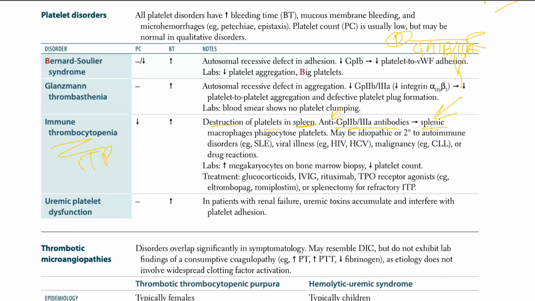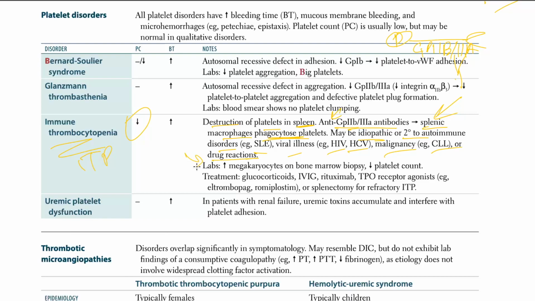and splenic macrophages phagocytose the platelets. That's why you have decrease in platelets. It may be either idiopathic or secondary to autoimmune disorders like SLE, viral illness, HIV, HCV, malignancy, CLL, or drug reaction. Okay.